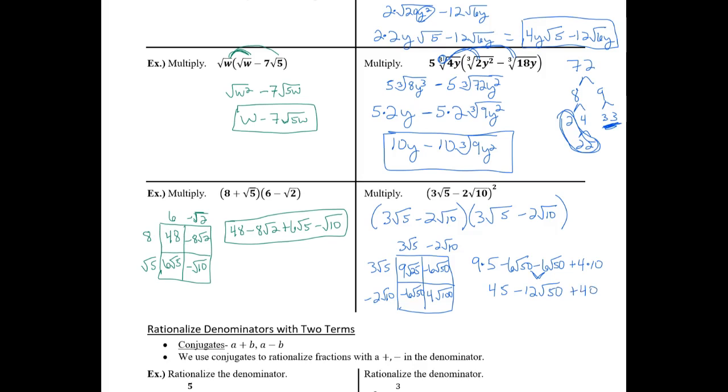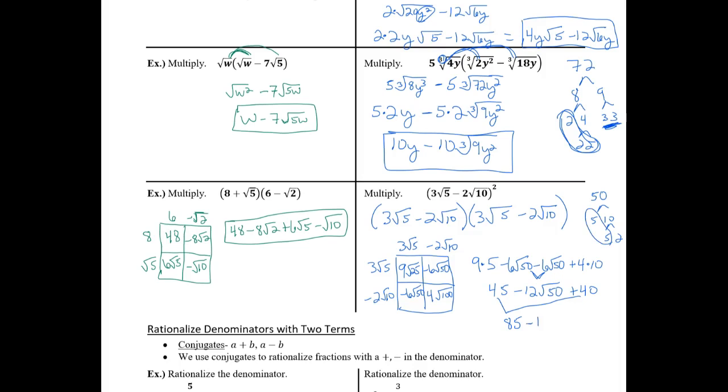Still not done. I can add some like terms. 45 plus 40 is 85. And then I also need to simplify my radical. So 50, we've talked about it before, is 5 times 10, which is 5 times 2. I have a perfect square.